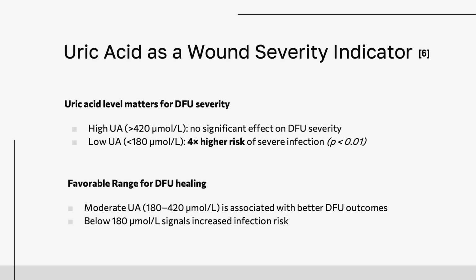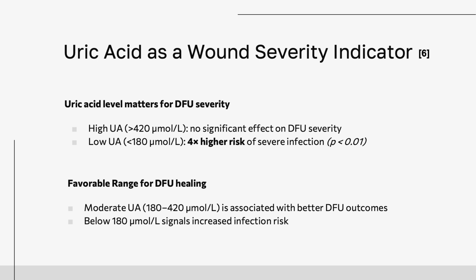Now, for a parameter you might not immediately associate with wound healing, uric acid. It turns out that uric acid levels in the blood are closely tied to DFU outcomes, but in a nonlinear way. Very high uric acid, above 420 micromoles per liter, doesn't seem to have a significant effect, but very low uric acid, below 180 micromoles per liter, is associated with 4 times higher risk of severe infection.